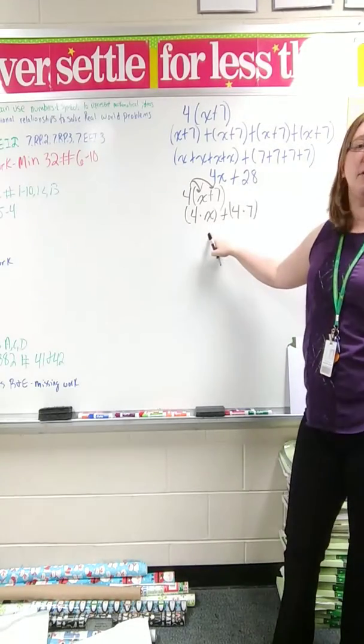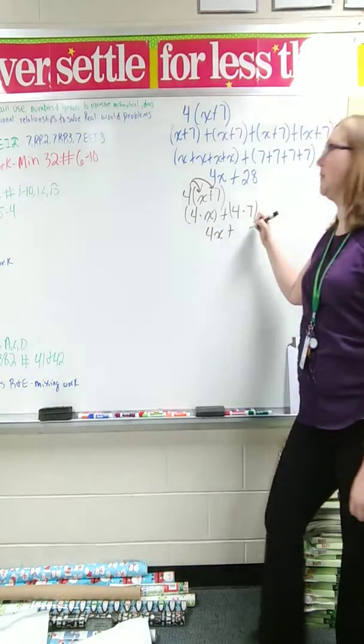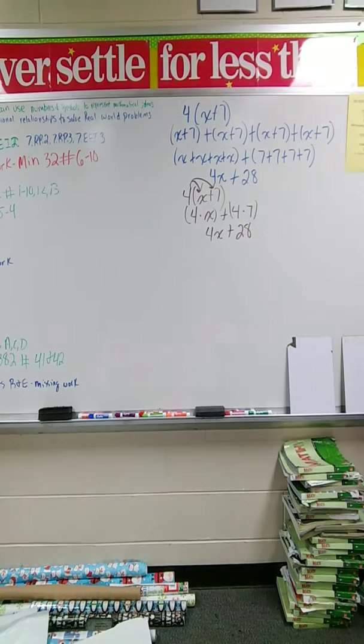4 times x we rewrite as 4x. 4 times 7 is 28. Did we get the same thing both times? Yes, ma'am. We got the same thing both times.